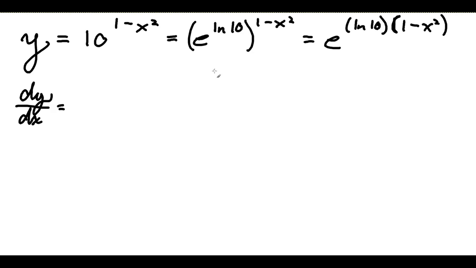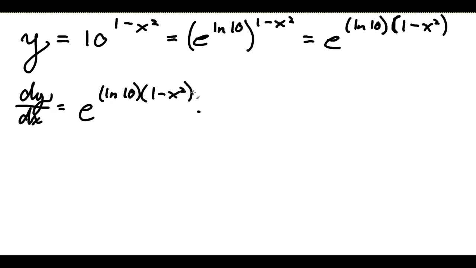Okay? So now when we take the derivative, we're taking the derivative of a natural exponential function, so that is e to that power, times, the chain rule tells us we now have to multiply this by the derivative of that exponent.